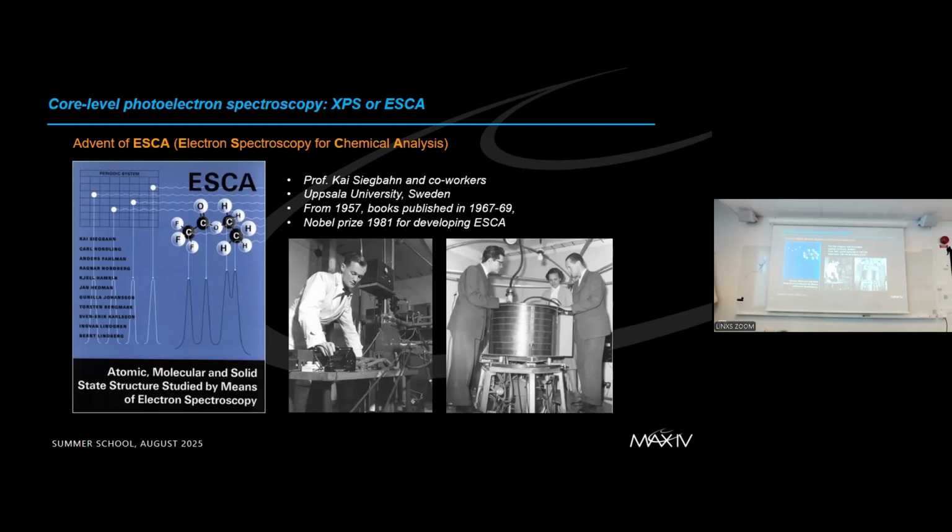So here is Kai Siegbahn with his co-workers, and they are looking at the very first prototype of the photoelectron analyzer. They started their work in the late 50s, and the first famous book on ESCA was published at the end of the 60s, and Kai Siegbahn got a Nobel Prize for these developments in 1981.